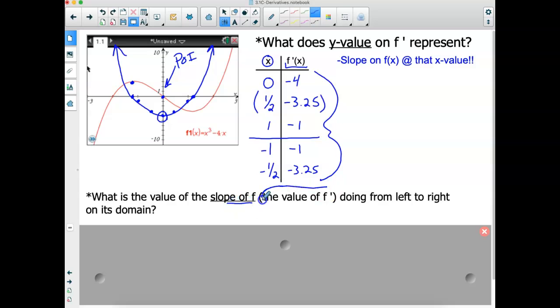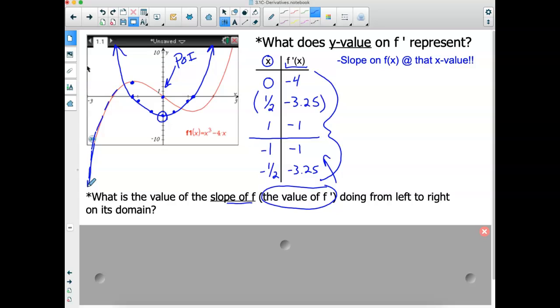That's all these values that we pulled out there. What's it doing from left to right on its domain? Well, check it out. Tangent line, tangent line, tangent line. If this kept going down, what's happening to the steepness of my tangent lines? Well, they're getting steeper.